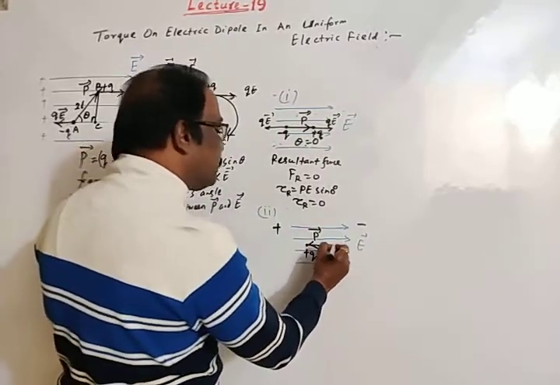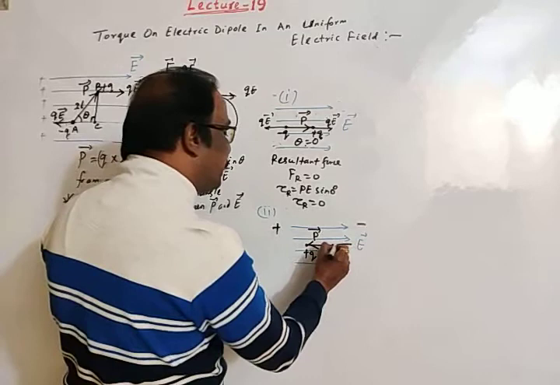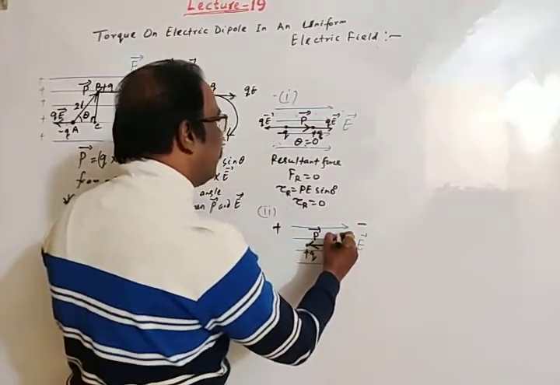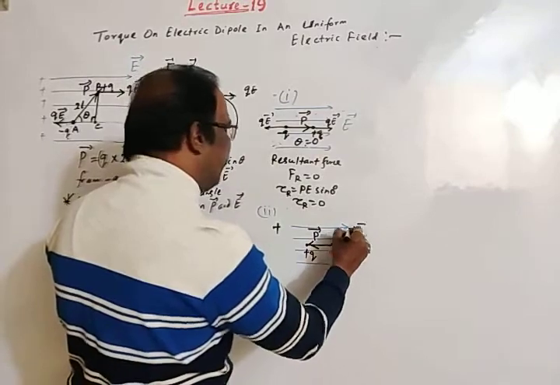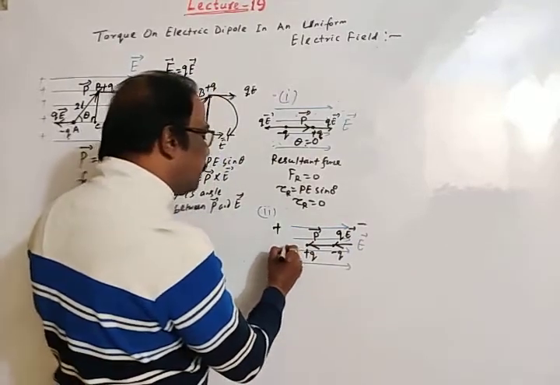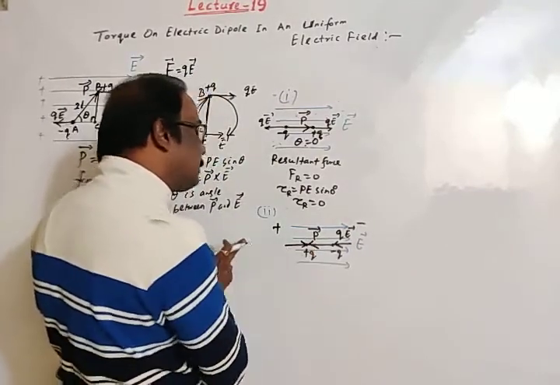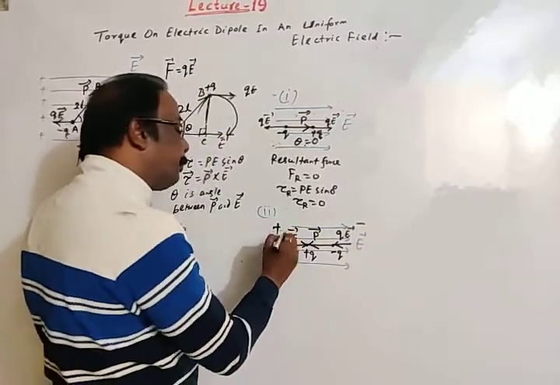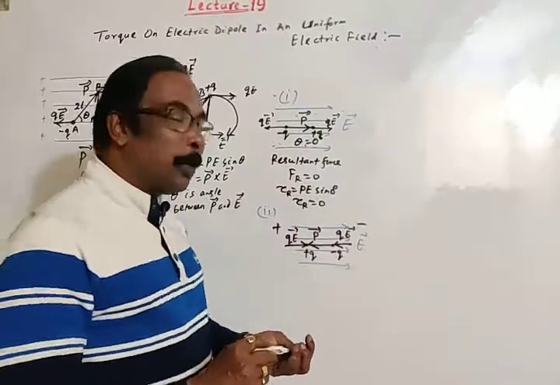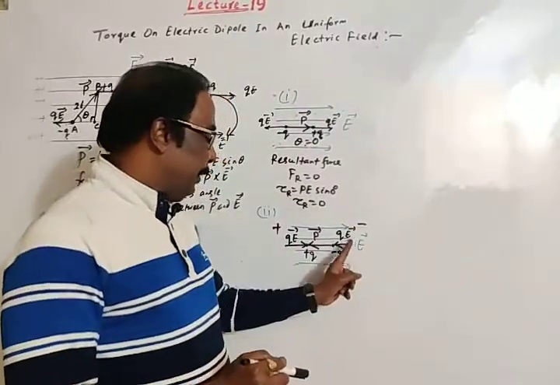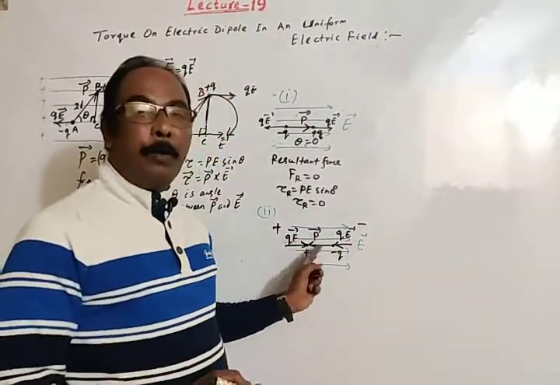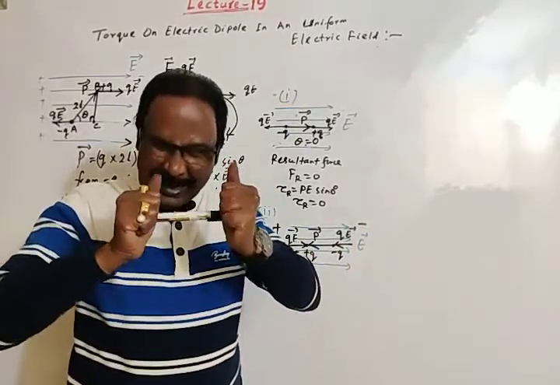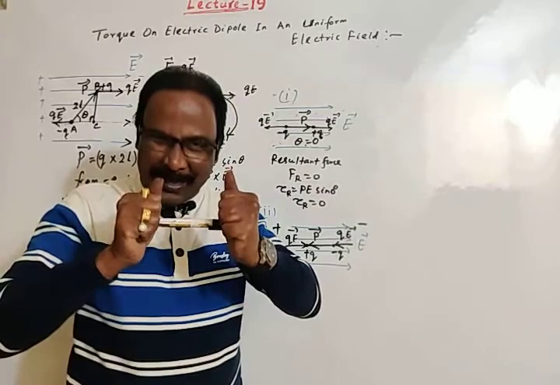This negative charge will experience a force opposite to the direction of the electric field. This force is QE. This charge is positive, so it will experience a repelling force, along the direction of the electric field. Again this force is QE. In this case also, the two QE forces are in opposite directions, so I may show the forces like this, pushing from both sides.